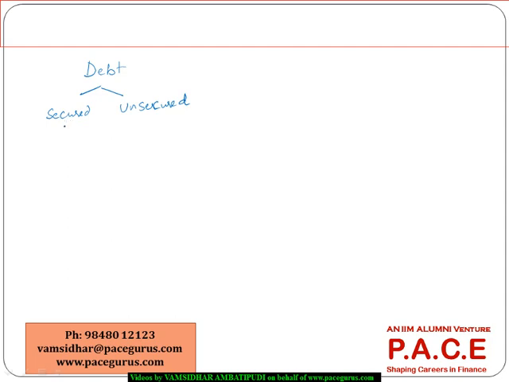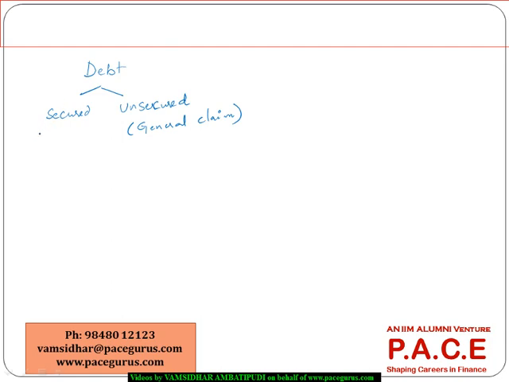Now, when I am talking about unsecured, we are talking about a general claim. Means, in case a default occurs, whatever assets are there with the company, we can sell off those assets and we can get our settlement. These guys can sell off those assets and get their settlement.